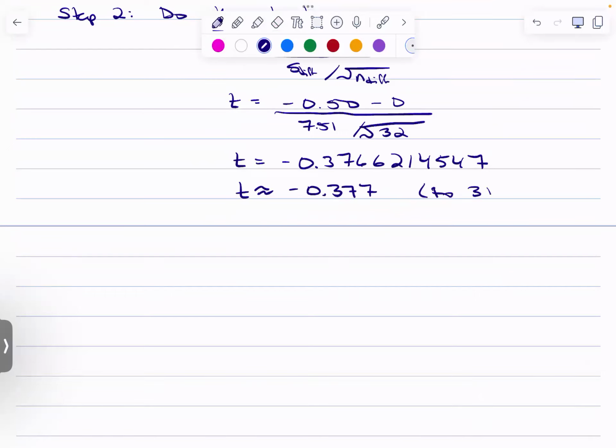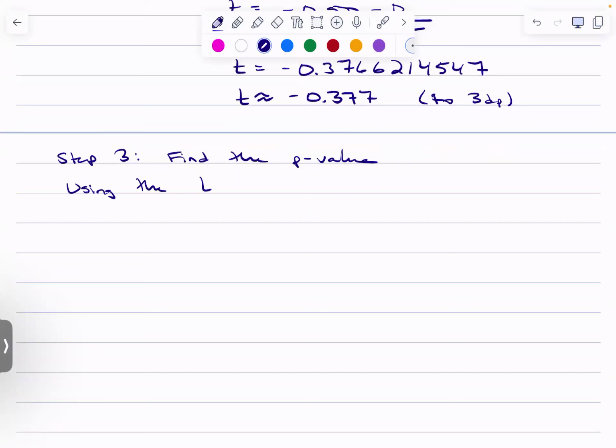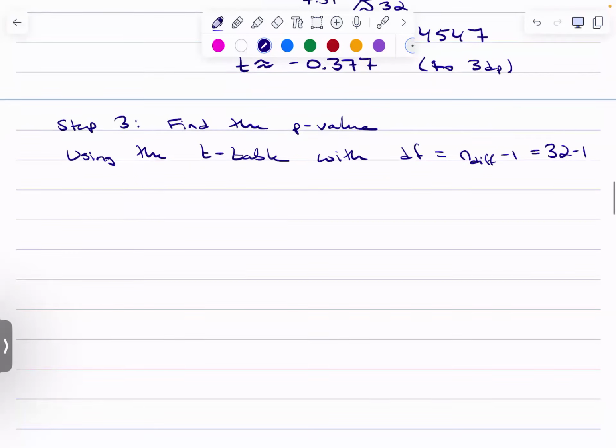Find the p-value the same way for any t that we've calculated. And so we need our degrees of freedom, and I'm going to pretend like we haven't already solved it. Using the t table with degrees of freedom equal to n diff minus 1, which is 32 minus 1.